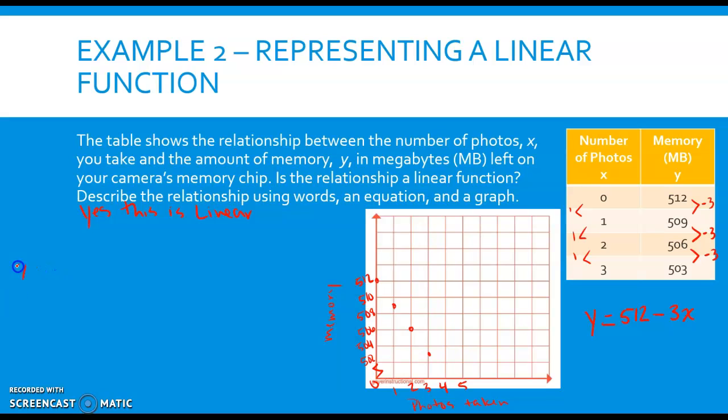So in words, the amount of memory, that should be an R, of memory left on the chip is 512 minus the quantity of 3 times the number of photos taken.